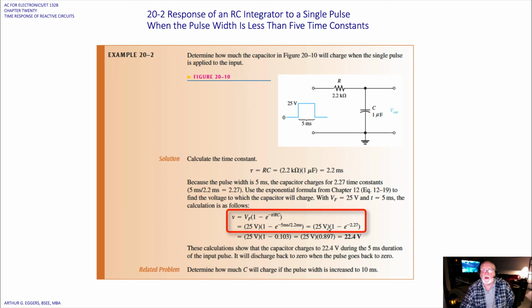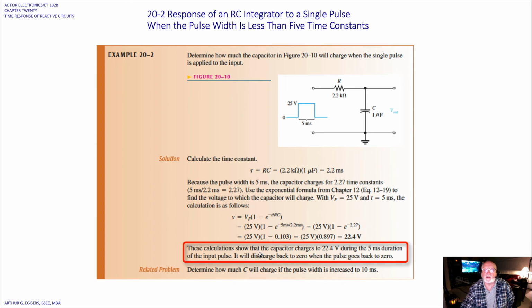So 25 volts times 1 minus e to the minus 2.27. When we take e to the minus 2.27 on your calculator, we get 0.103, so 1 minus 0.103 gives us a value of 0.89, almost 90% of 25 volts, which gives us 22.4 volts.